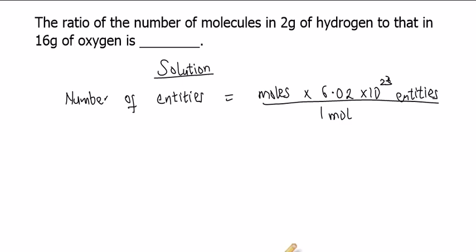Now what we need to apply this formula, the next step is to determine the number of moles of each of the elements, and we'll do that by using the formula moles equals mass over molar mass. So let's continue to determine the number of moles present in hydrogen. So we see molar mass of hydrogen.